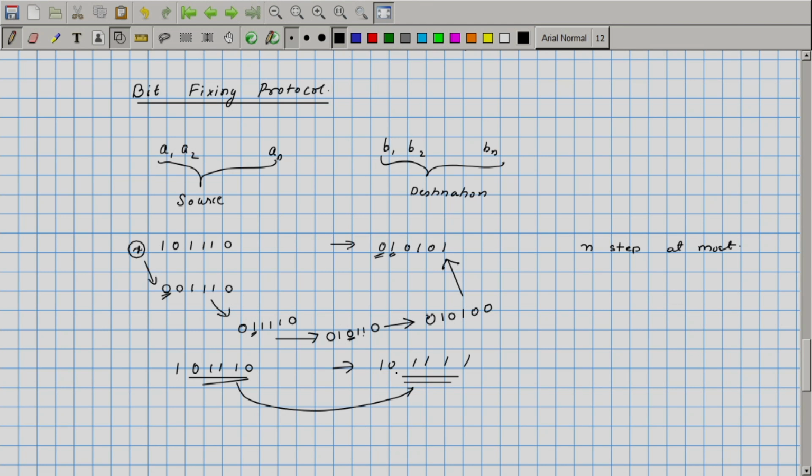So, you can send the packet from that source to that destination in a single step. In any case you do not require more than n steps. So, n steps is an upper bound on the number of steps required if you have to route one packet.